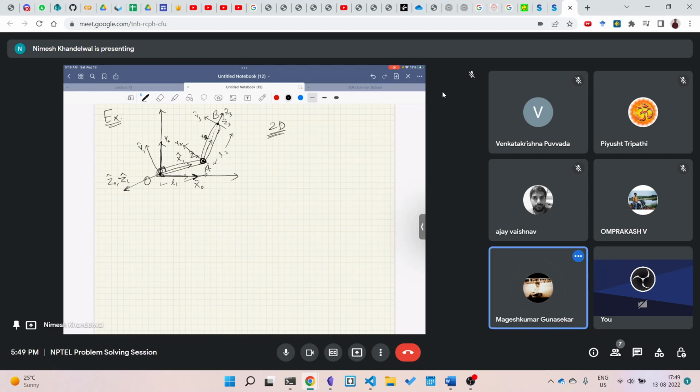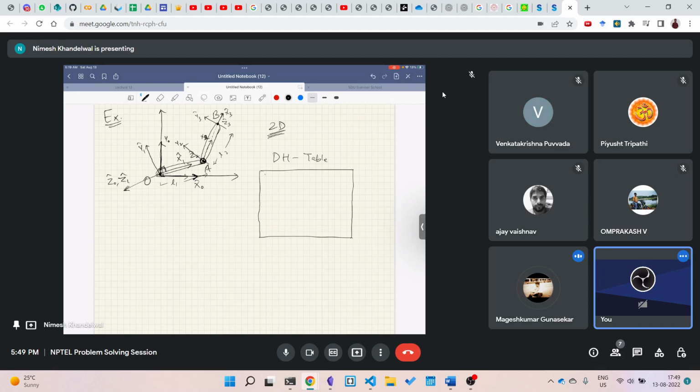The next step is to make what is called the DH table. Why do we make a table and not just write the transformation directly? Because it just makes our life a bit easier.